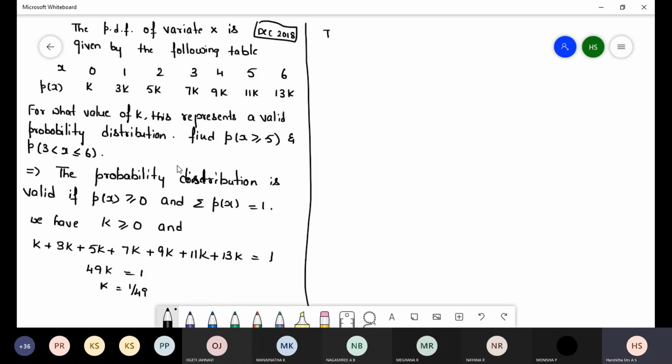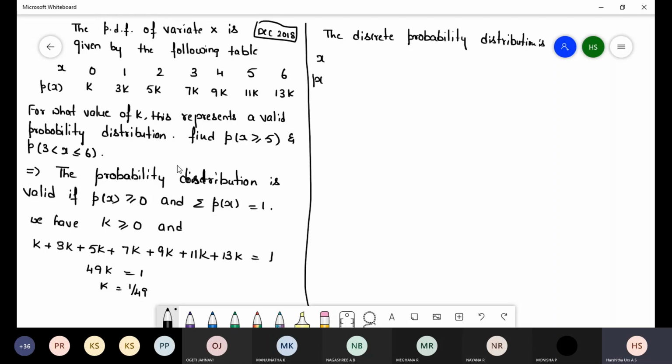Here we can write the discrete probability distribution. Rewrite the table by substituting the k value.